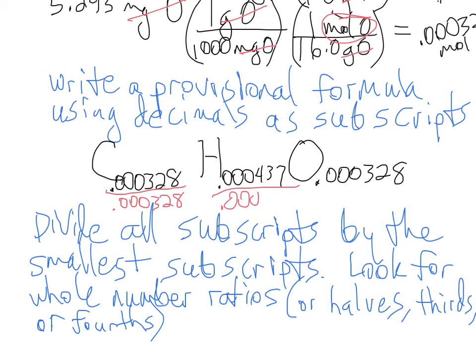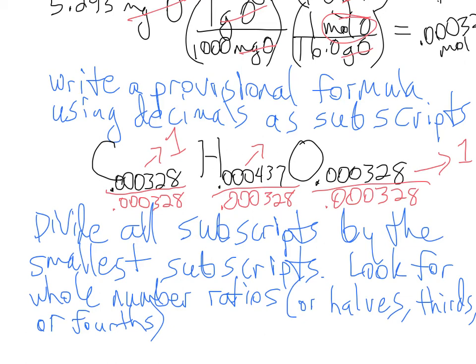0.000328 is smaller than 0.000437. Two of these are easy to spot. This works out to be 1. This works out to be 1. When you divide 0.000437 by 0.000328, you do not get a whole number. Instead, you get a number that's really close to 1.33.